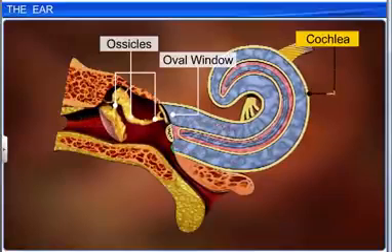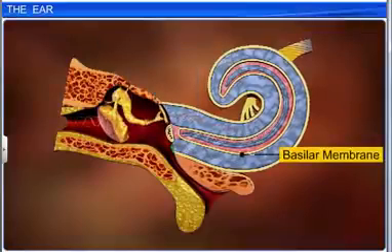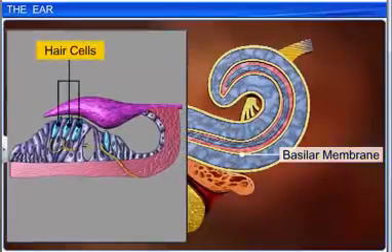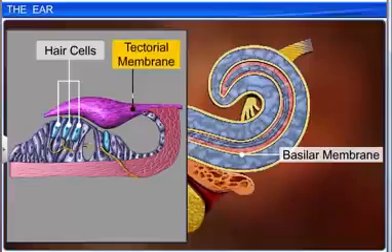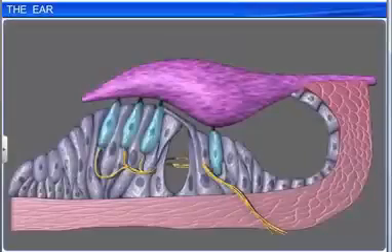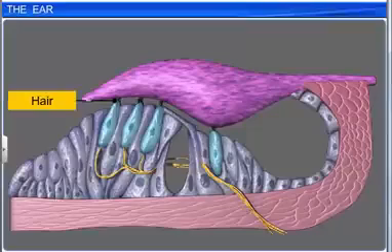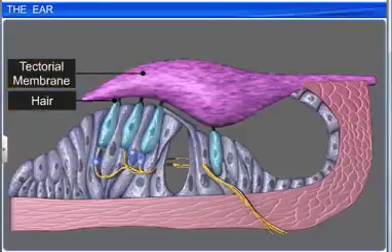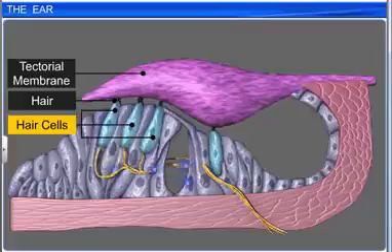This generates waves in the lymph that induces a ripple in the basilar membrane. The vibrations of the basilar membrane then bend the hair cells, pressing them against the tectorial membrane. The hairs move back and forth against the tectorial membrane, which stimulates the hair cells or receptor cells.